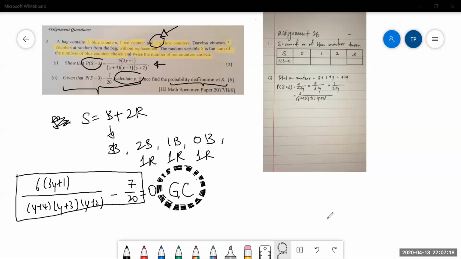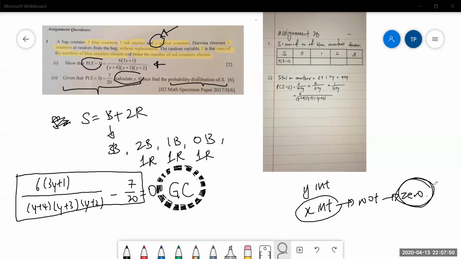But how do I find it if I want y to be 0? You want to find the y-intercept or x-intercept? You said you want to find the root, right? Yes, I want to find the x-intercept. The x-intercept is the root. I can only search if x equals 0.